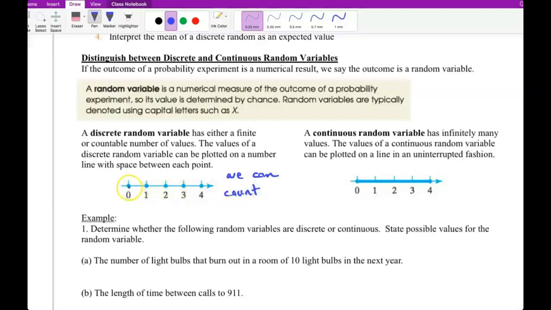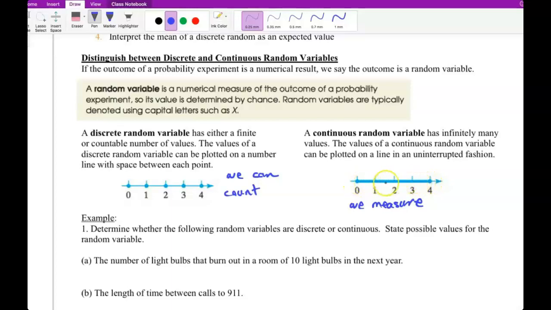See, on this number line, how many points do we have? I have 1, 2, 3, 4, 5 points. So this is countable. But a continuous random variable is one we cannot count, we can only measure it. See, I don't know how many points we have here on this line.